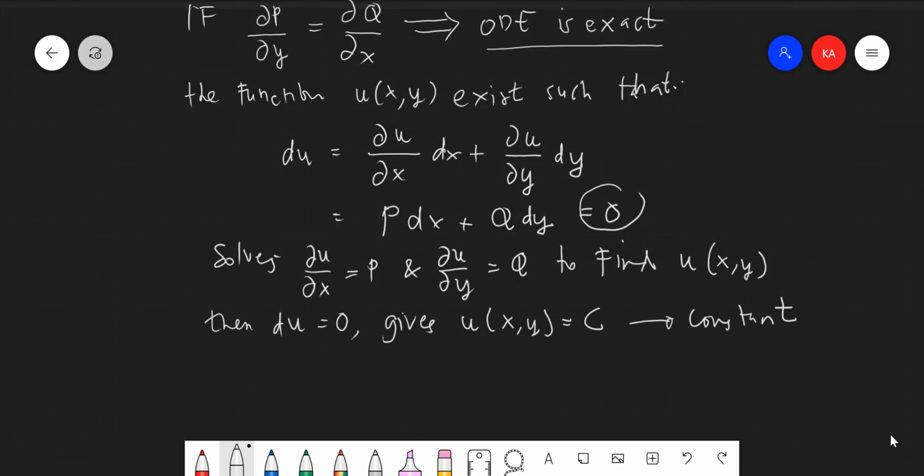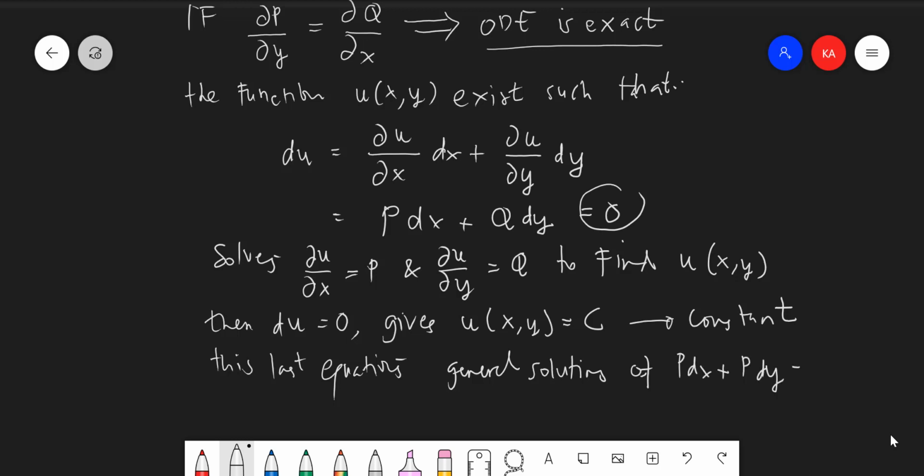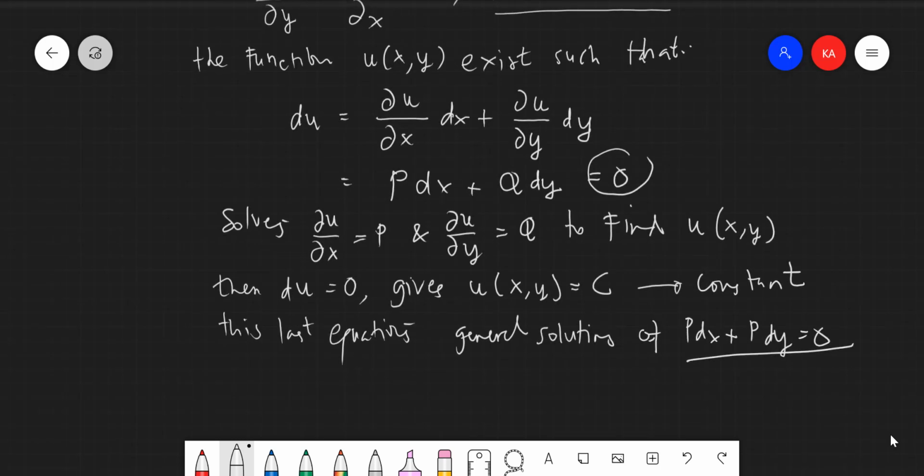So this last equation gives the general solution of P dx plus Q dy is equal to 0, as we informed for the first time.